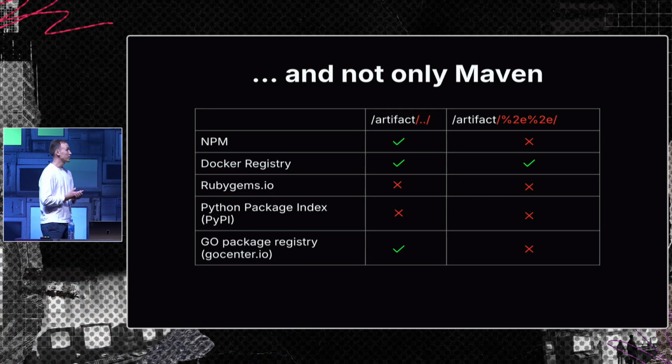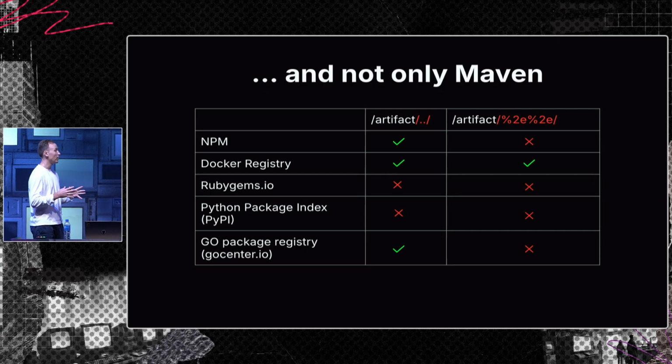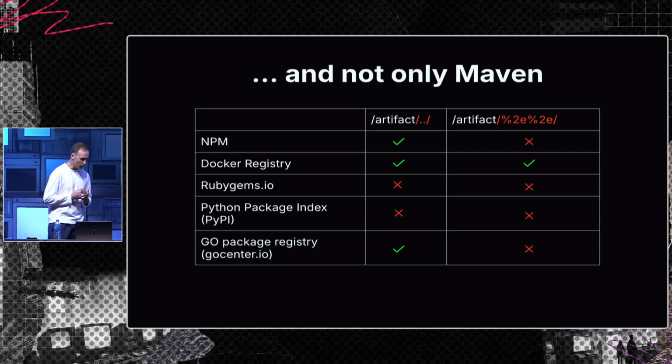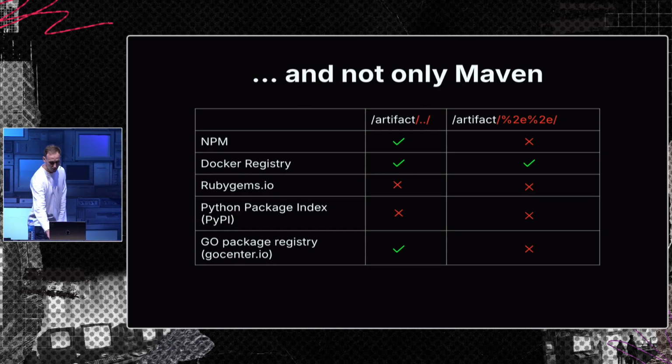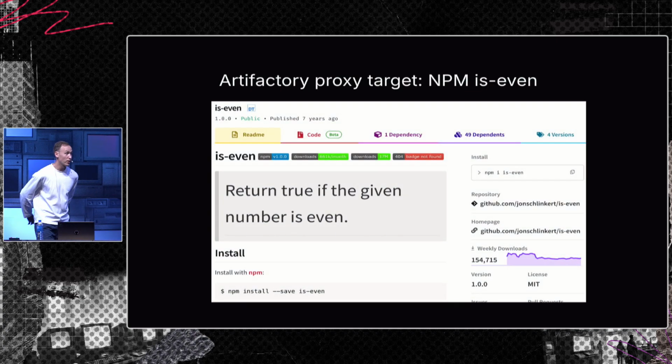Other repositories such as NPM, Docker registry, RubyGems, or Go packages are also vulnerable to this kind of attack. And JFrog supports them all. So we can perform these attacks not only against Maven repositories, but also against any other repository supported by JFrog Artifactory.